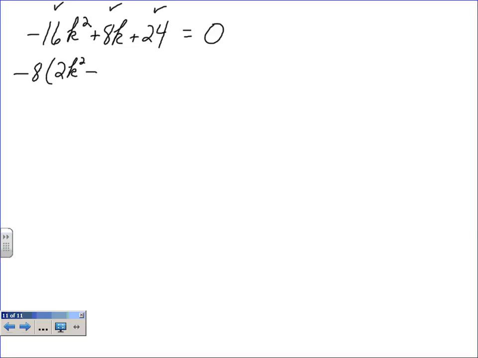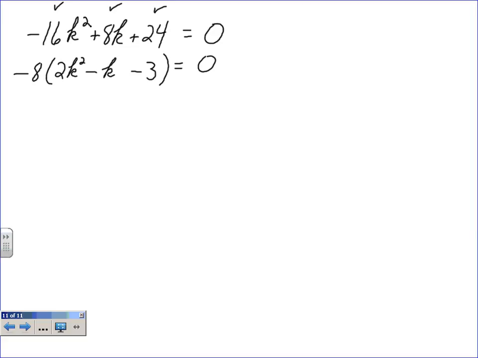This will be a negative, and this one will be a negative. Well, negative 8 times what will give you 8k, right? Negative 8 times negative k, if I distribute, will give me a positive 8k. And then at the end, of course, that's going to be a 3. Negative 8 times negative 3 will give me a positive 24. And we're going to set this equation equal to 0.